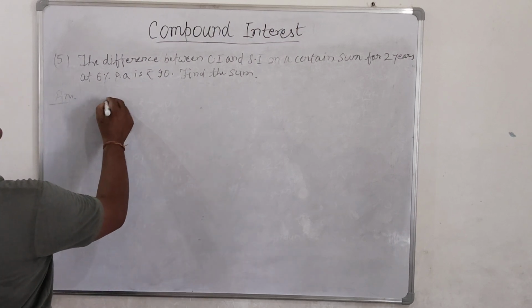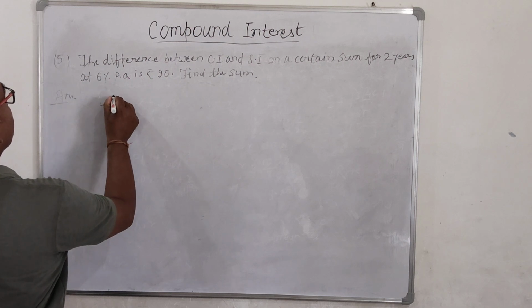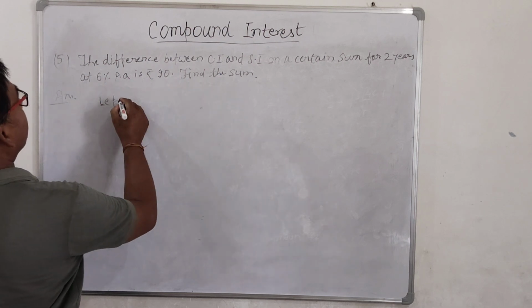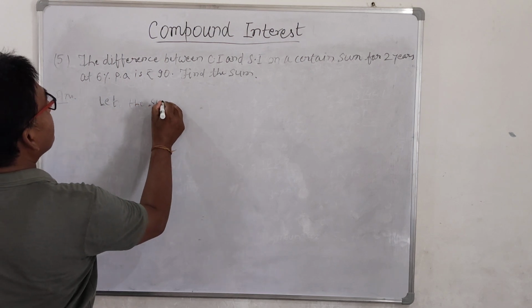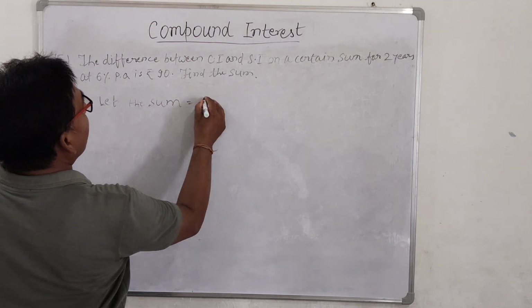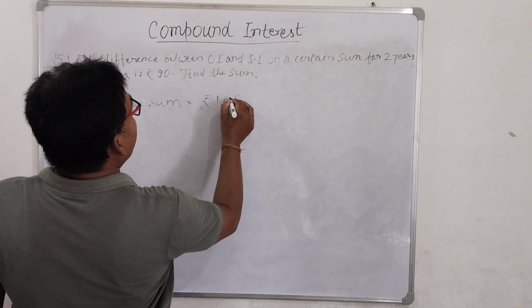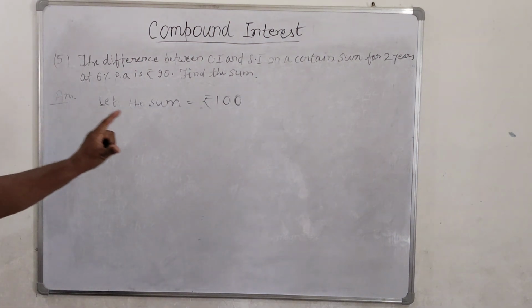Let the sum be rupees 100, and the 100 here is principal.